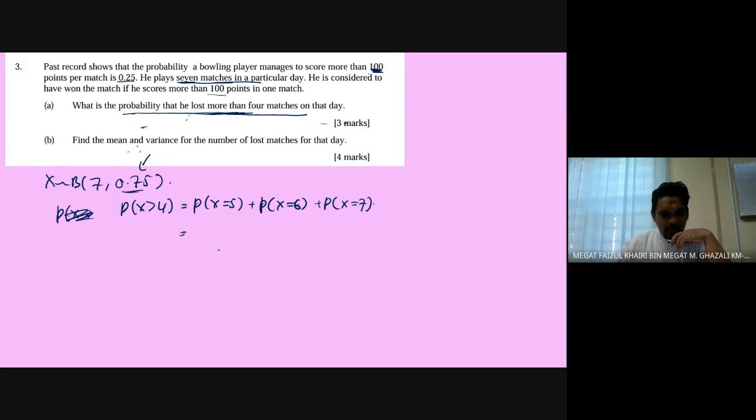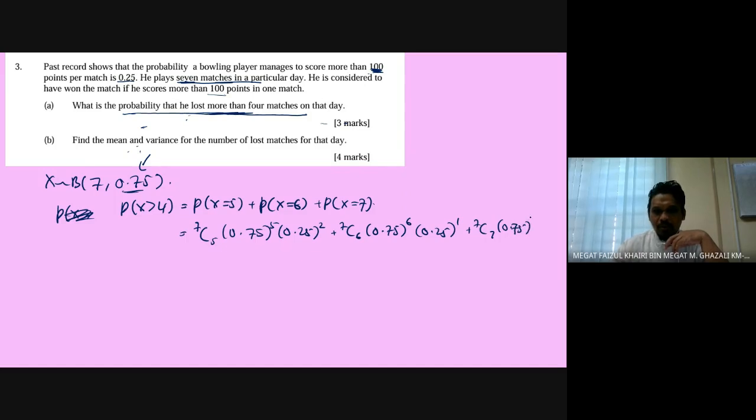So we may either use the formula from the statistical book, where we reverse a little, or you can just simply use the formula of 7C5, 0.75 to the power of 5 and 0.25 to the power of 2, plus 7C6, 0.75 to the power of 6, 0.25 to the power of 1, plus 7C7, 0.75 to the power of 7 and 0.25 to the power of 0.